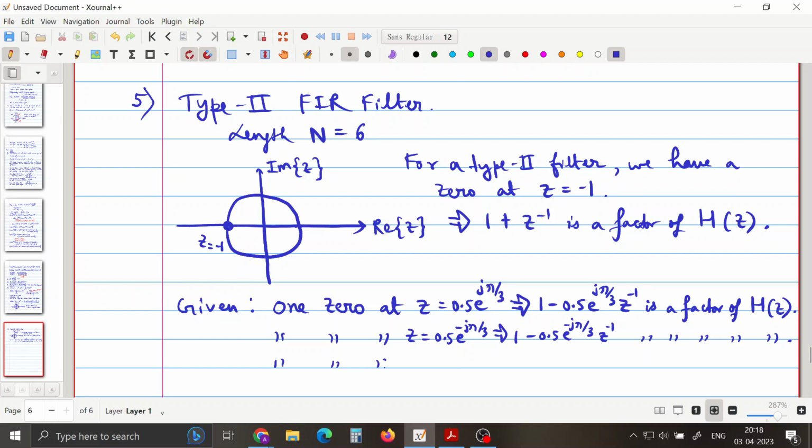Now we will look at z0 star inverse, that is at z equals 2 times e power j pi by 3. So the factor would be 1 minus 2 e power j pi by 3 z inverse, which is a factor of H of z.